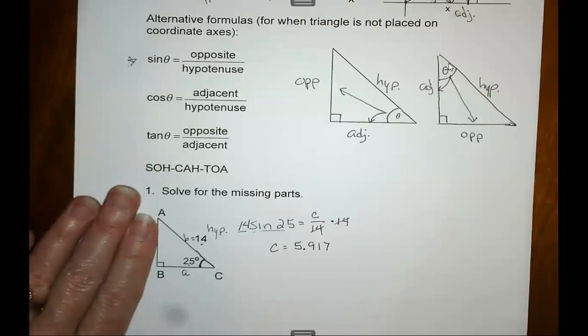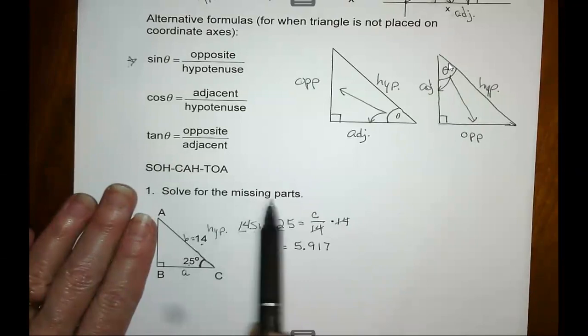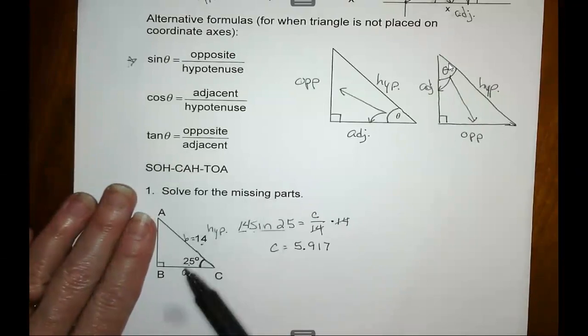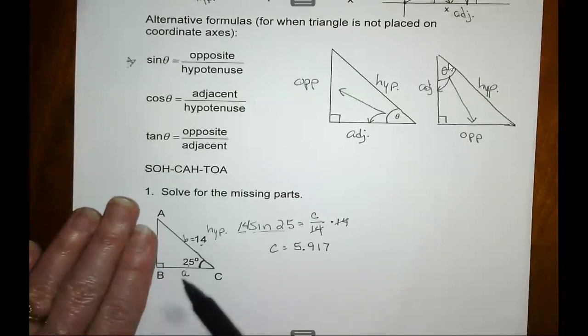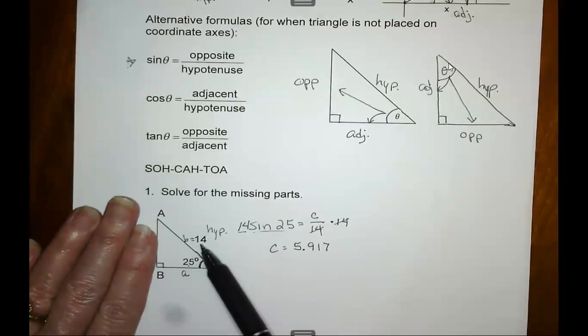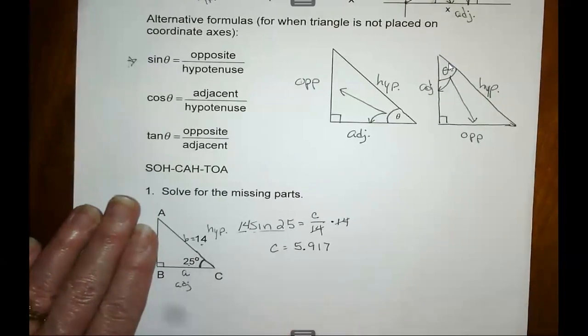So now I'm going to go back to my picture because we want to find all of the missing parts. If I already know this one, I'm going to mark it off like we already have it. That leaves me with side A to find because I already know side B. Well, if I'm using this angle again, and I'm using side A and side B, this would be the adjacent and the hypotenuse. So adjacent and hypotenuse would be cosine.